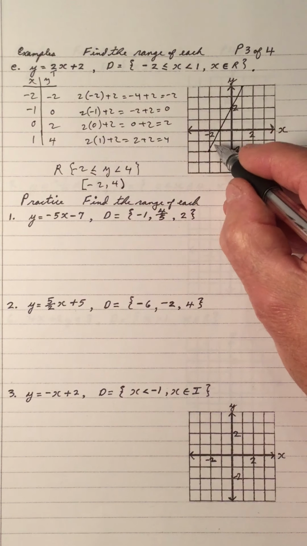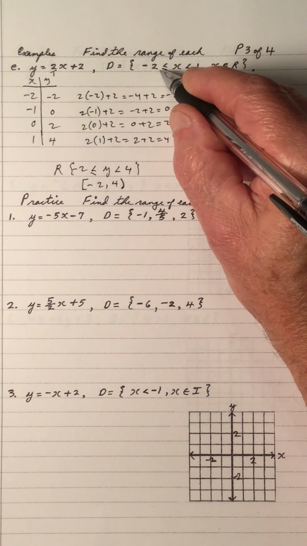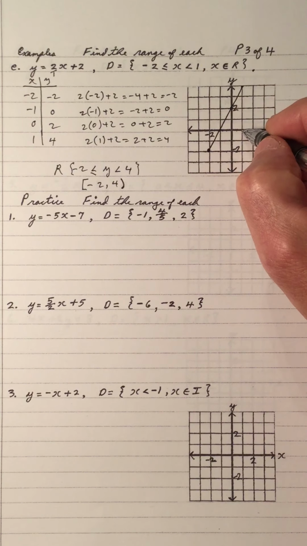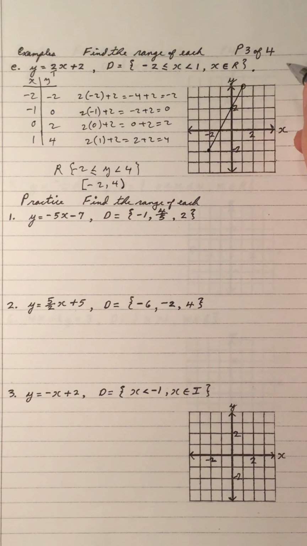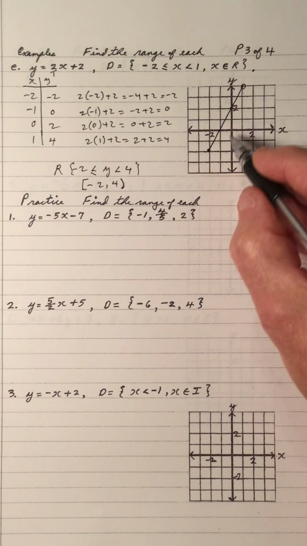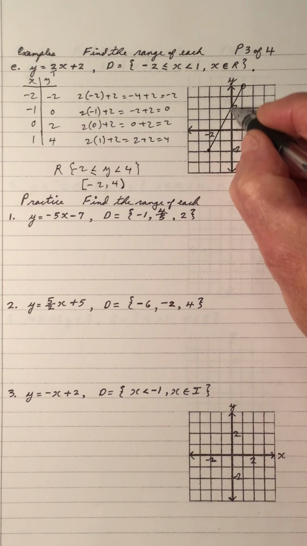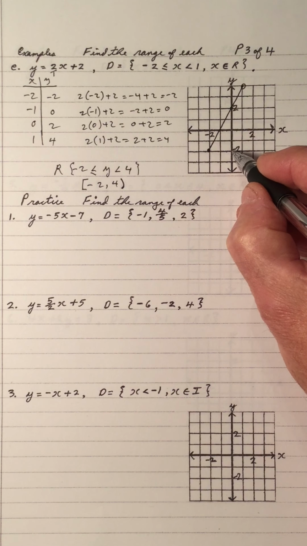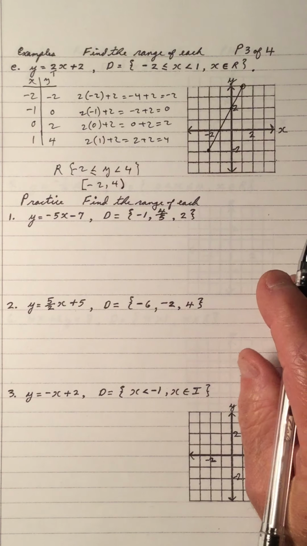And the negative 2 is solid, is included because it's equal to, and the 1, when x is 1, is hollow because it didn't say equal to. So the y values are going from negative 2 up to 4, equal to negative 2, not equal to 4. Just looking at the graph.